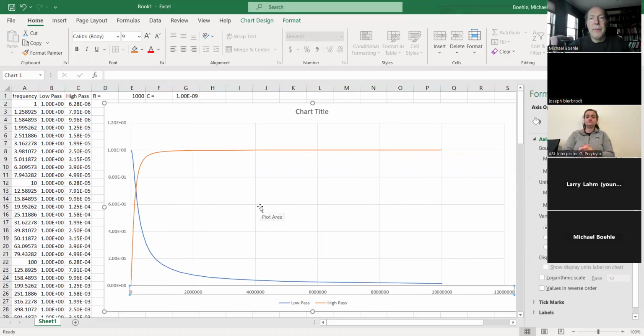And when I do that, you can now see the high pass filter looks almost square. I still don't see anything down near zero. Oh, actually, no, it didn't change on me. Wait a minute, what changed?